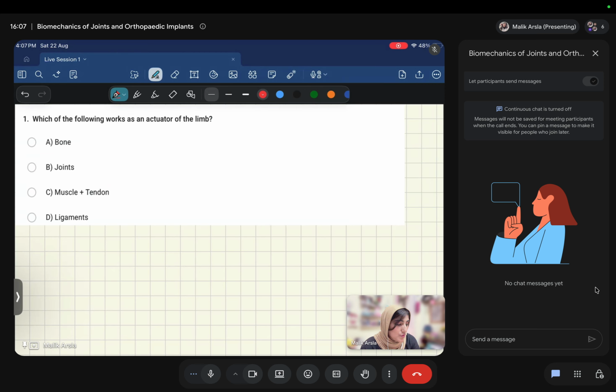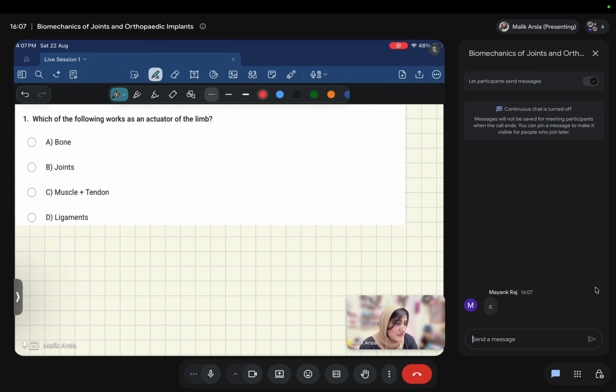Yeah, so muscle and tendon. You know what an actuator means. In mechanics, an actuator is an element which is used to generate force, it produces force or motion. In the musculoskeletal system, muscles act as actuators along with the tendons.